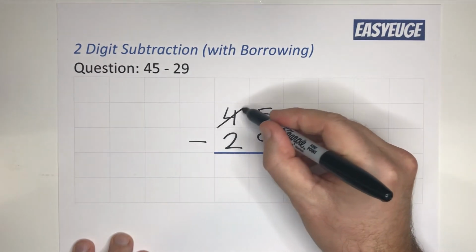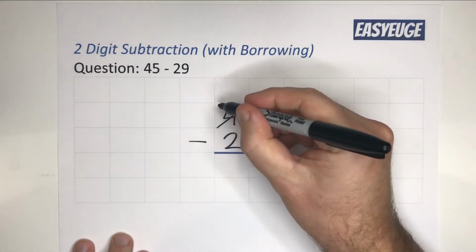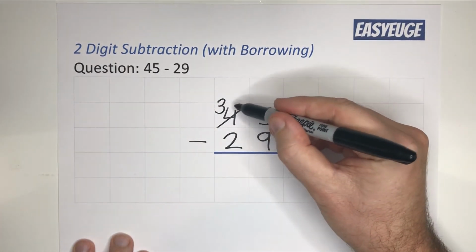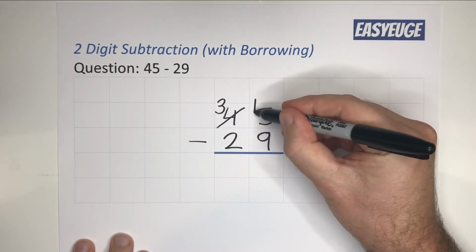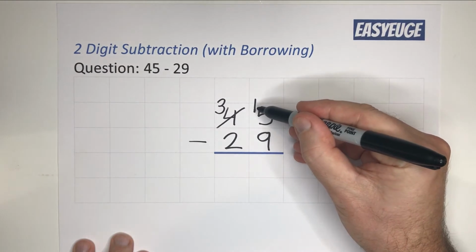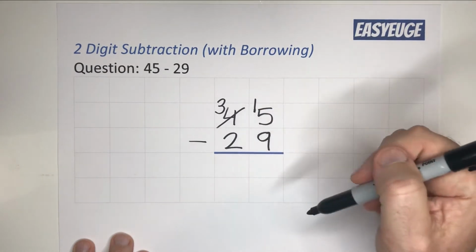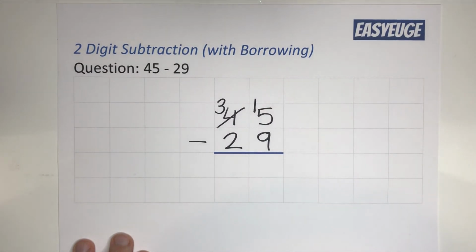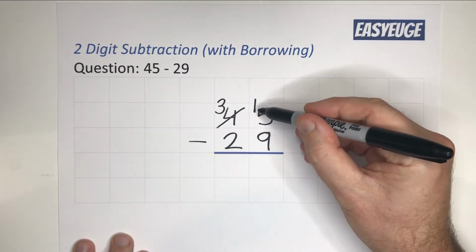So I'm going to put a line through that number 4 and take 1 away. So that 4 becomes a 3. And I'm going to take the 1 and put it over here. Okay, so I've just borrowed a 1 from that number 4. The 4 has gone down to 3 because I've taken 1 away. But I've put the 1 here.